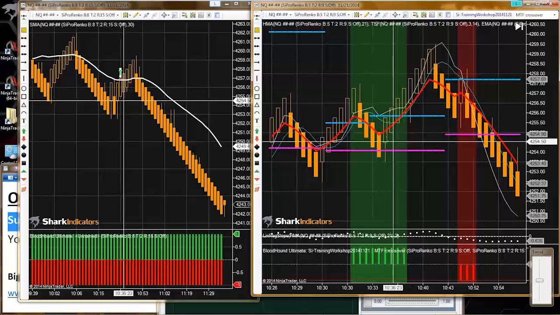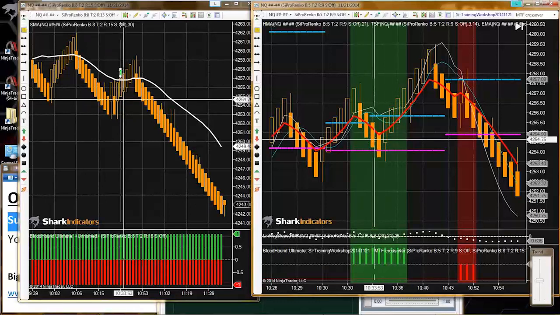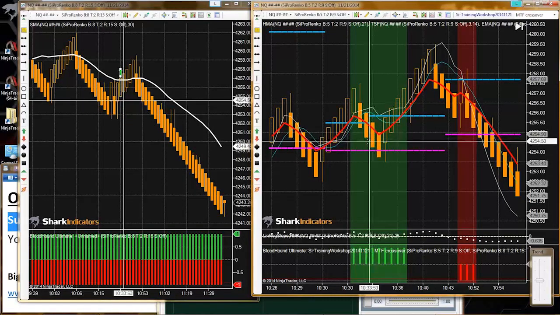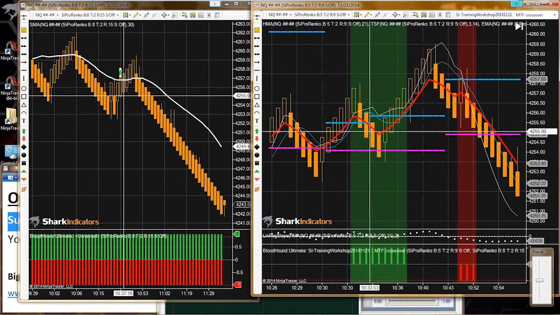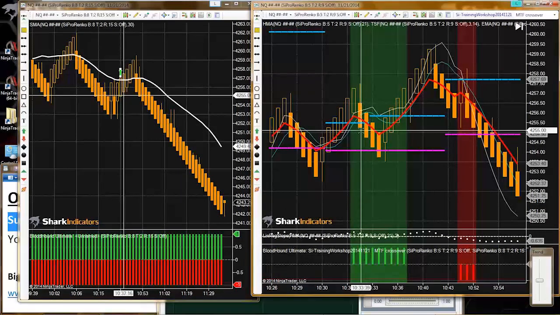So these are some of the other little oddities that you have to deal with when you're trying to synchronize Renko bars and range bars. Any bar that's non-time based, such as that.